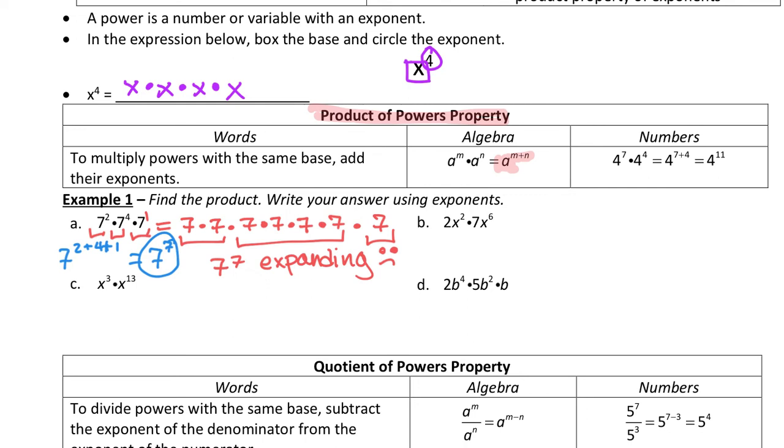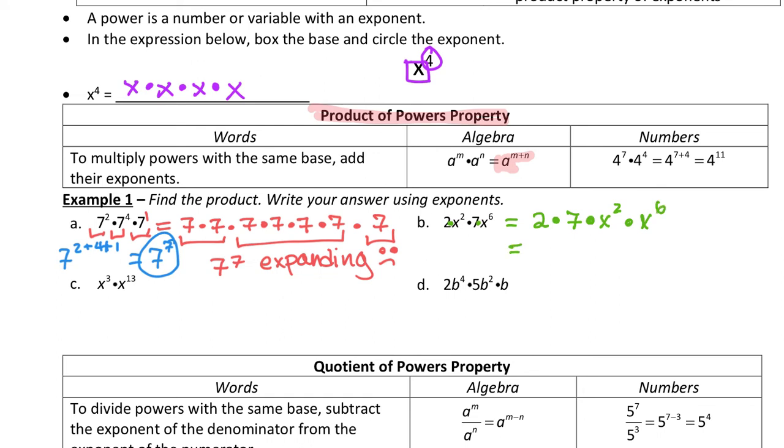For example B, we've thrown some numbers in here, and you always want to rearrange this, put the numbers next to the numbers. So this is still multiplication, because remember that's 2 times x, 7 times x. So 2 times 7. So I'm going to move the numbers together first. Then I've got x squared times x to the 6th.